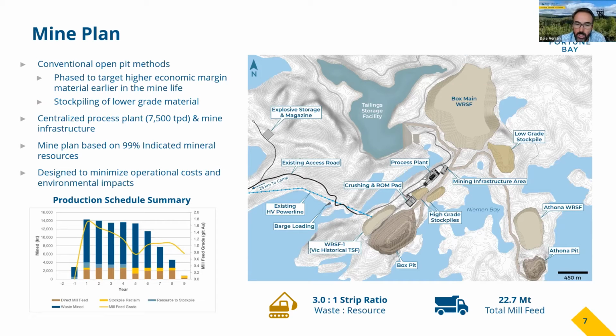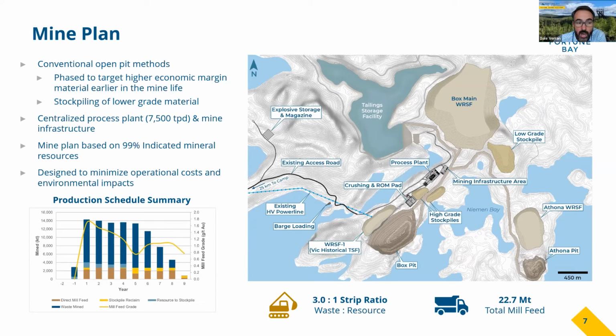The initial data we have, it's at a PEA level, but the initial data suggests all the waste, the tailings as well as the waste rock, is going to be non-acid generating. So there's no additional measures needed to address that. Of course, we'll firm up on those assumptions at a PFS level, but certainly a benefit to the project having this non-acid generating waste rock and tailings.